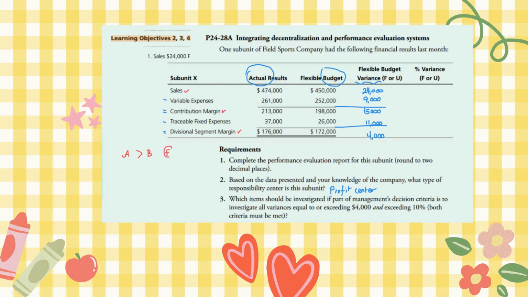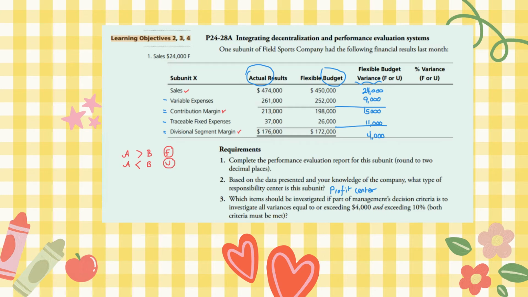Because, for example, if I expected to get $2,000 but I got $3,000, so the difference of $1,000 is a favorable variance. While if I expected to get $3,000 but I got only $2,000, so it's gonna be unfavorable.